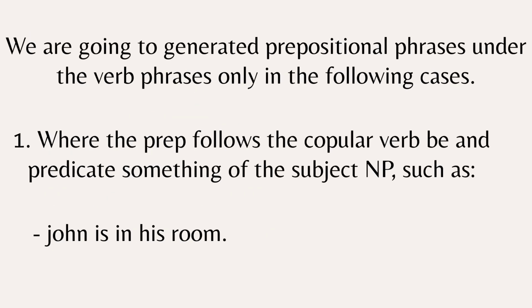Now we are going to generate prepositional phrases under the verb phrase only in the following cases. Number 1, where the prep follows the copular verb be in predicating something of the subject NP, for example, John in his room, where in his room modifies John.